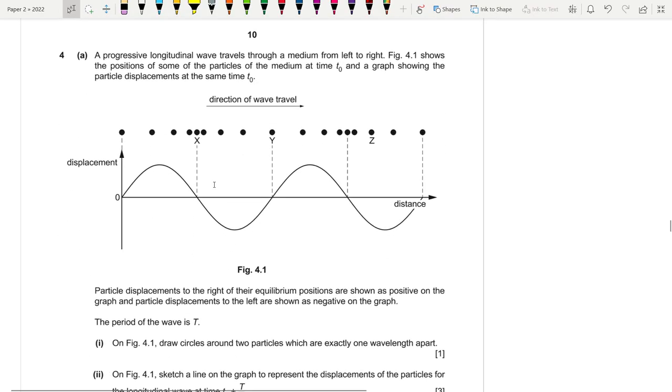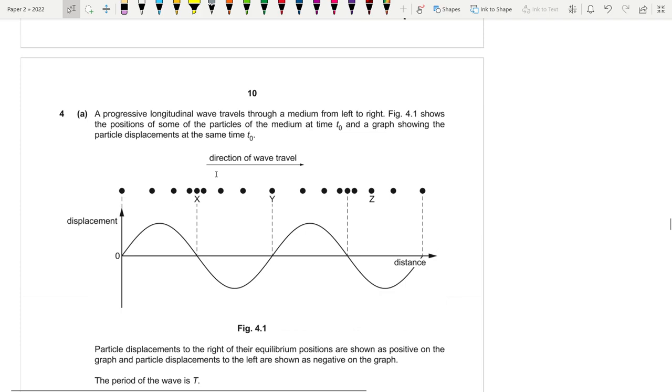Anyway, moving on. We have three questions left, 4, 5, and 6. Won't take long. A progressive longitudinal wave travels through a medium from left to right. Figure 4.1 shows the positions of some of the particles of the medium at time t naught, and a graph showing the particle displacements at the same time t naught.